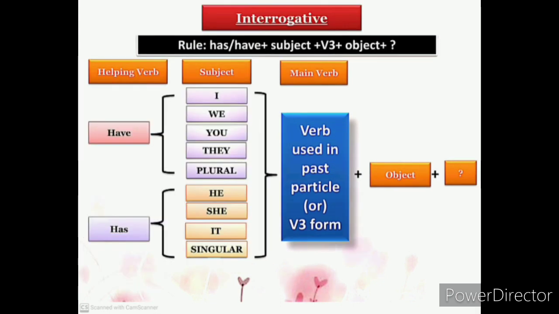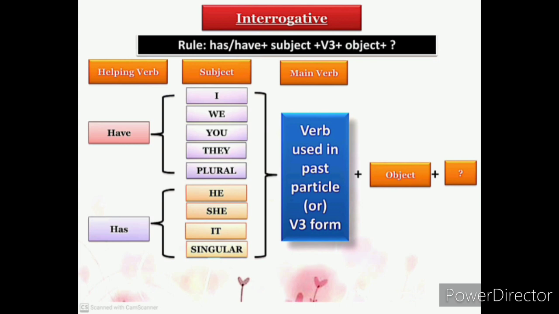Now next rule is of interrogative sentence. Has or have plus subject plus verb third form plus object plus question mark. So you can see in the slide, have is used in the beginning of the subject I, we, you, they and plural.